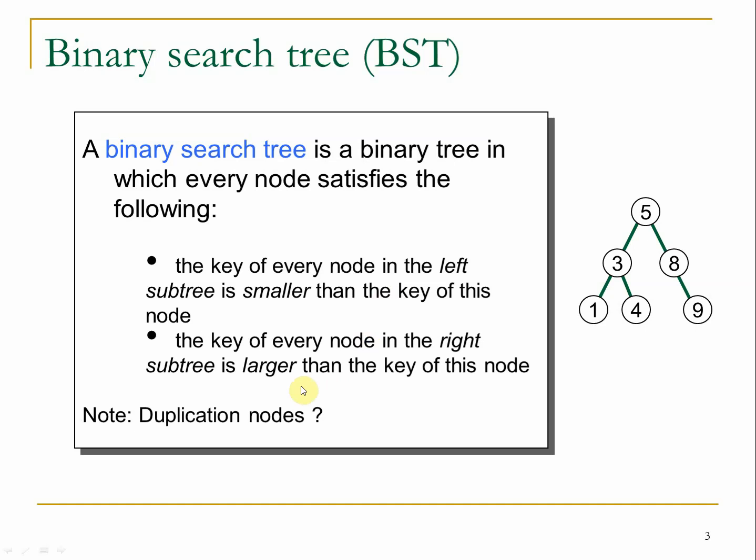All we need to do in the definition is choose whether we want to put the equal sign on the first criterion or the second criterion. In other words, if there is duplication, we can simply say the key of every node in the left subtree is smaller than or equal to the key of its node.